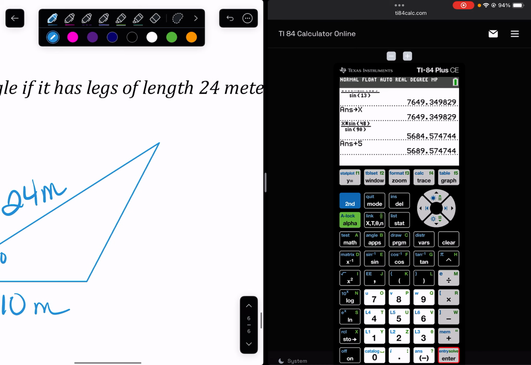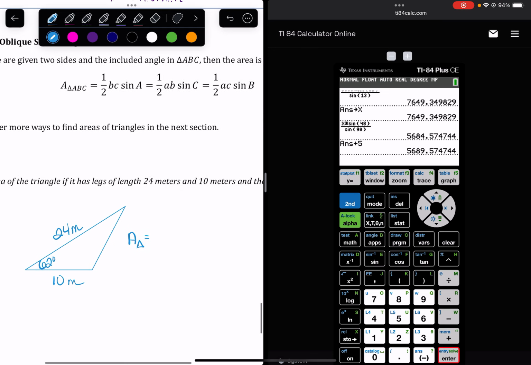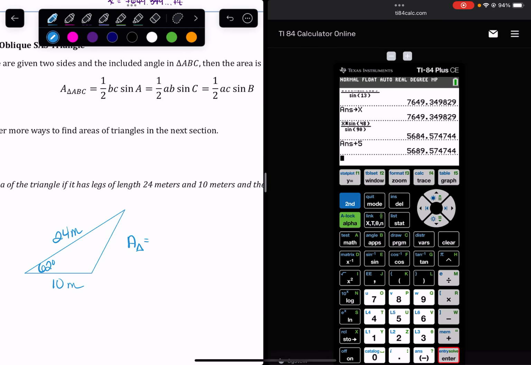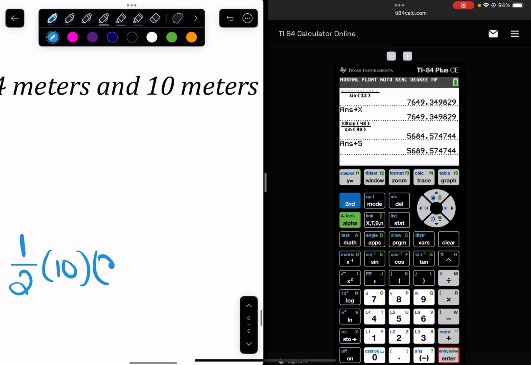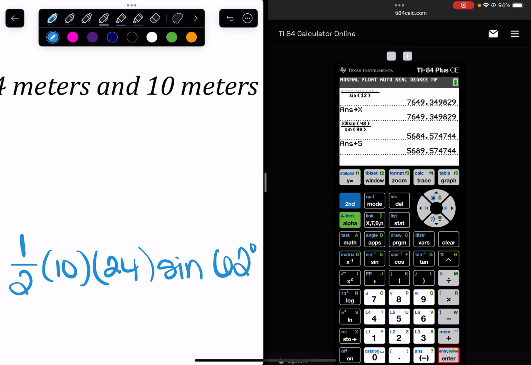The area of this triangle is, if we look at our area formula, 1/2 the product of the legs times the sine of the angle between them. So 1/2 first, and the product of the legs would be 10 times 24 times the sine of the angle between them, which was 62 degrees.